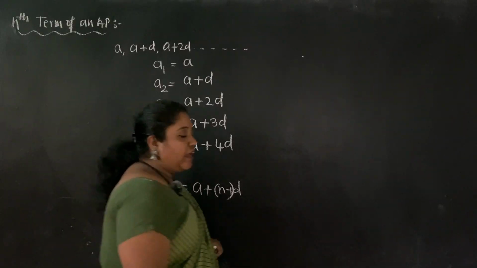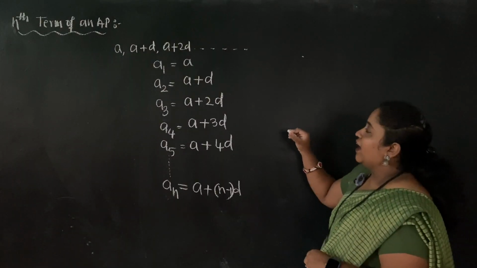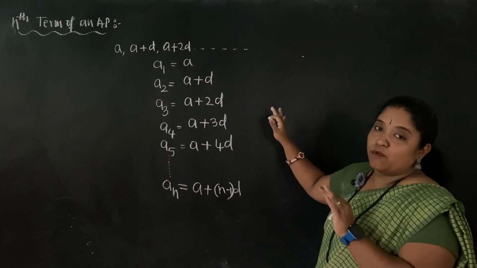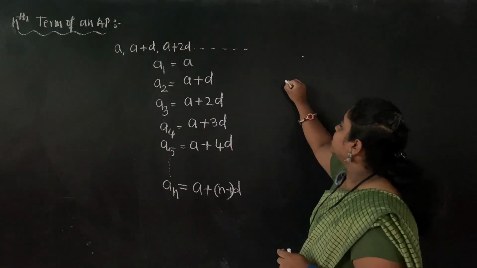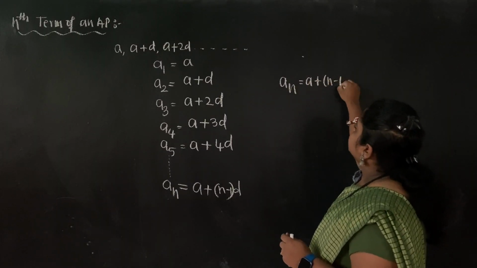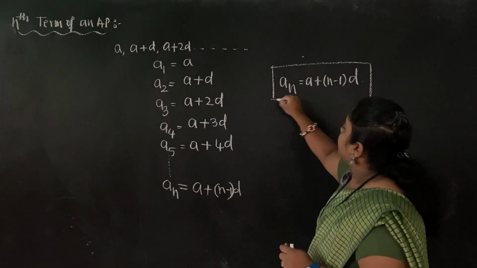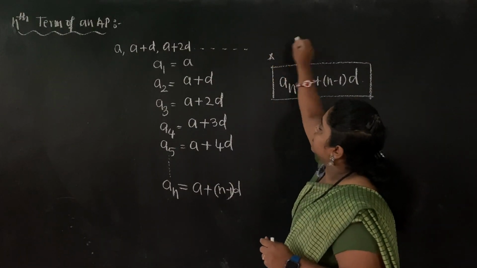So the very, very important formula for the board exam related to arithmetic progression is an is equal to a plus n minus 1 into d. Very, very important. Understanding this?